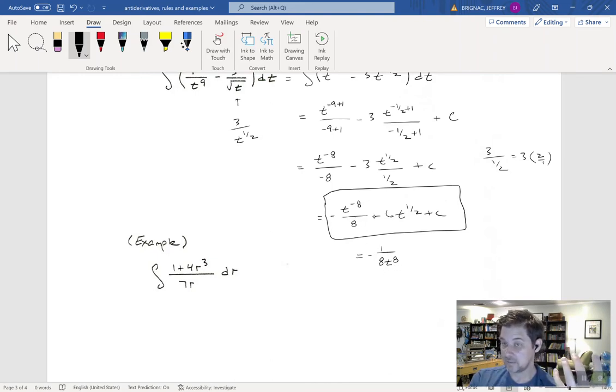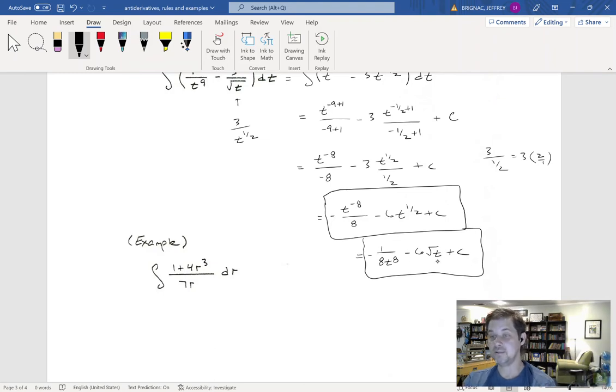I got an 8 under that bar already. And I could correct this negative exponent by sending that under the bar. And also, right here, what's t to the 1/2? If I were to write that in some other form, that would be the square root of t. So I'll give you both of those just in case in some other time and place you would need to know alternate ways to write that answer. Okay, all right, now let's try this one.